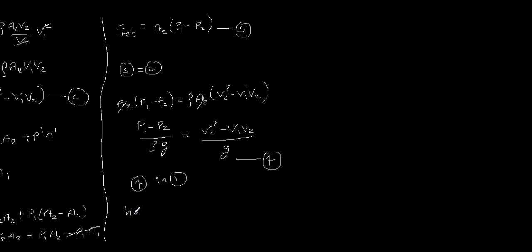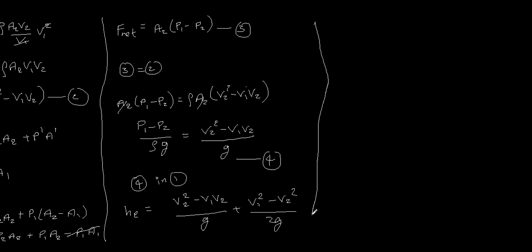So he is equal to, in place of (P1 minus P2) by rho g, we get (V2 square minus V1 V2) by g plus (V1 square minus V2 square) by 2g. So take the LCM again here. When you take the LCM, he is equal to, whole by 2g. Here g is there, so when you multiply by 2g, g cancels but the 2 remains.